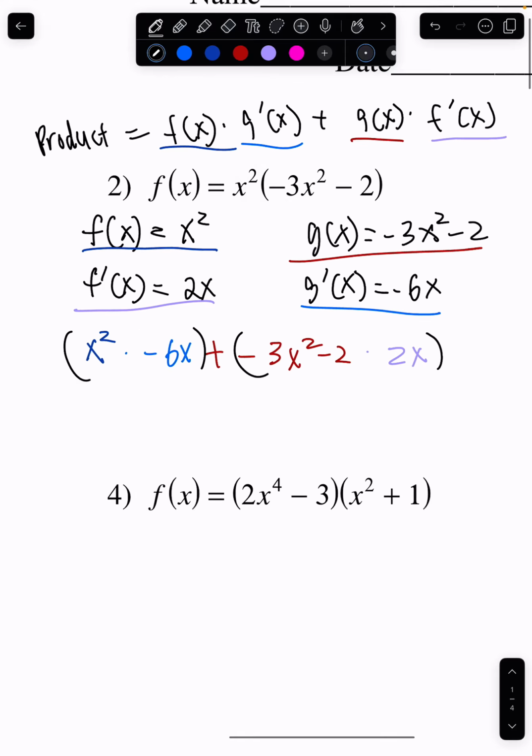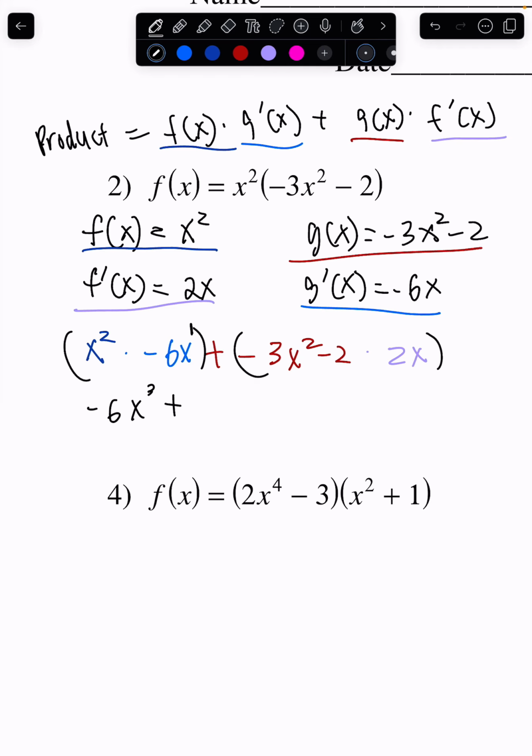So over here you have x squared. What you're going to do is first multiply it, so negative 6, right, because this is the only constant term. Then you're going to multiply the x's, so this is a 1, 1 plus 2 is 3, so you're going to get that.